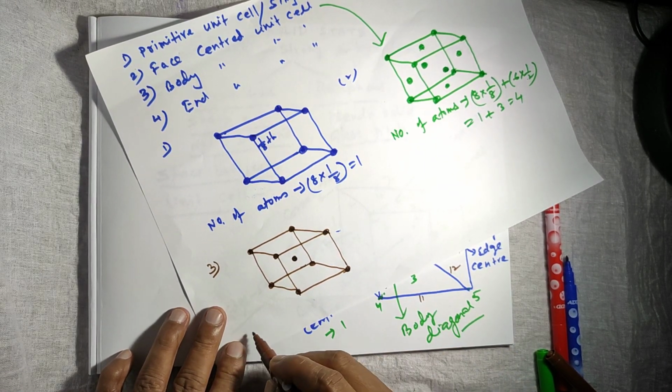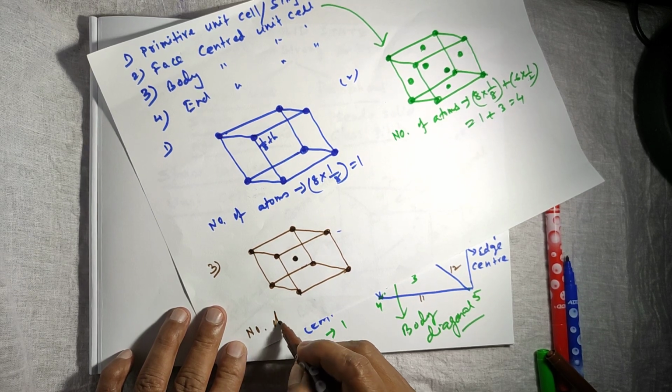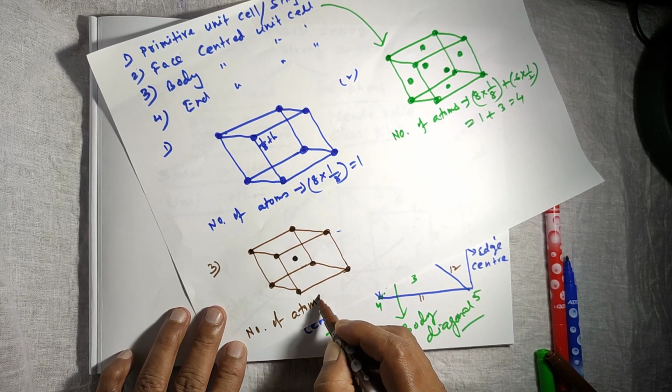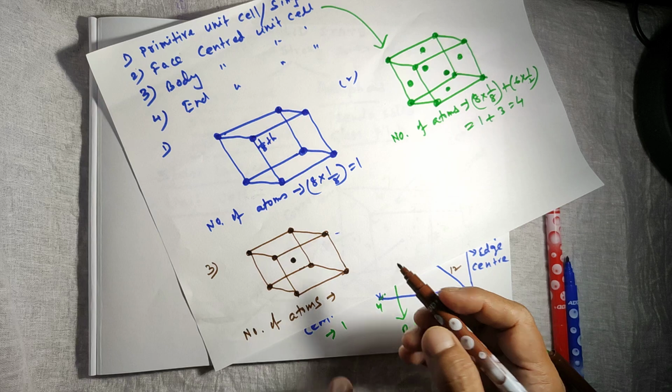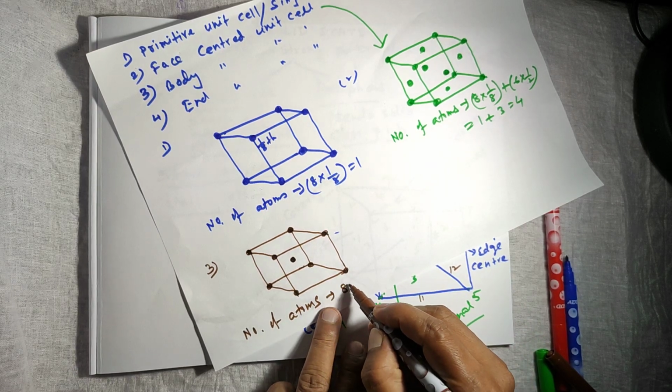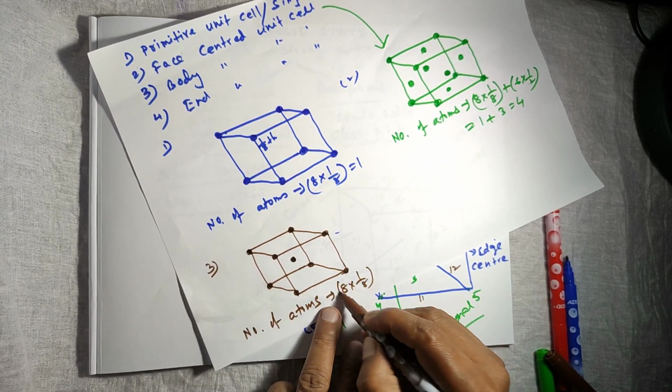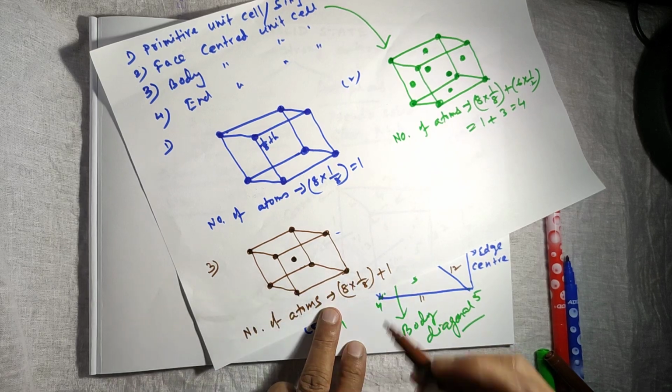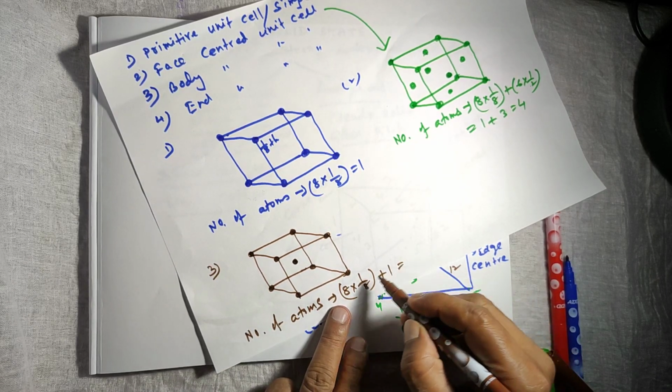So the number of atoms in a body centered unit cell will be 8 into 1 by 8 plus 1, so it will be 2.